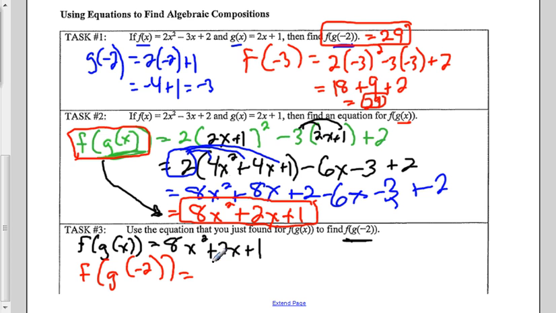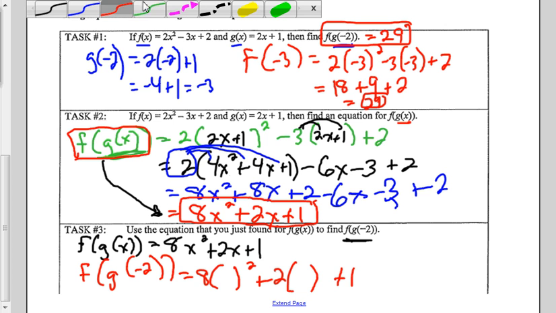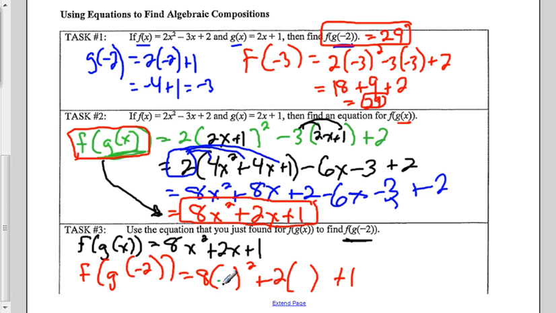Now I should get the same answer as when I did them each separately. I found g of negative 2 and put that into f of x. I got 29, so I should get the same answer, but let's check it. 8x squared plus 2x plus 1. Every place I see an x, we're going to substitute in negative 2.